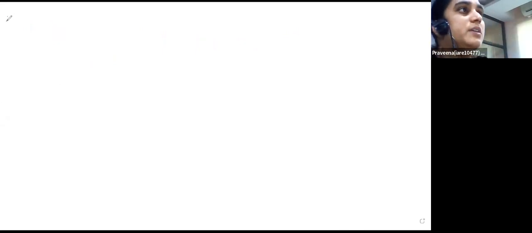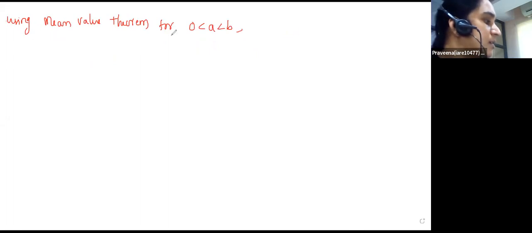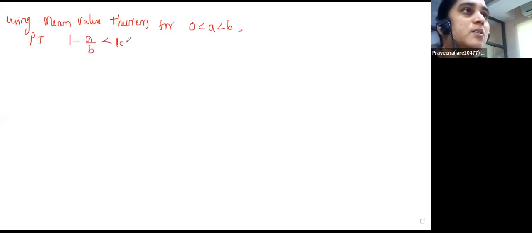Using mean value theorem, for 0 less than a less than b, prove that 1 minus a by b less than log b by a less than b by a minus 1.